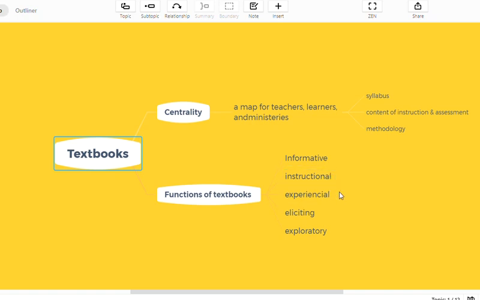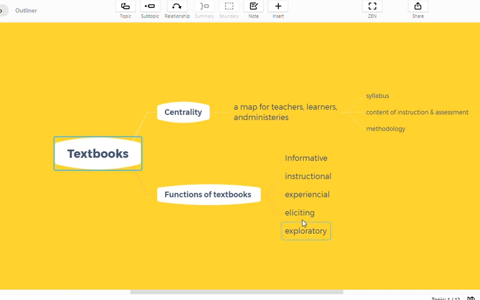So a high quality textbook, in addition to being informative and instructional, provides learners with the opportunity to experience language they have used in real life situations. They give the students opportunity and a space to use whatever they have learned, and they give the learners the opportunity to discover about language.